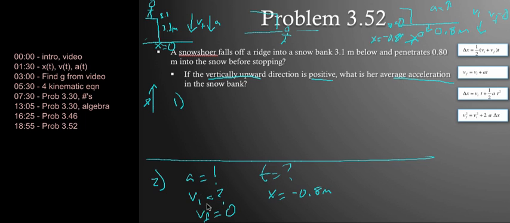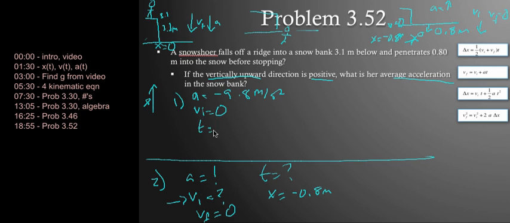So probably the easiest thing to work out is her initial velocity, the velocity as she struck the snowbank right before, and we can solve this out. Here we know the acceleration is negative 9.8 meters per second squared, and again it's negative because we said a is down, but we're saying x is up. And we know initial velocity is 0.